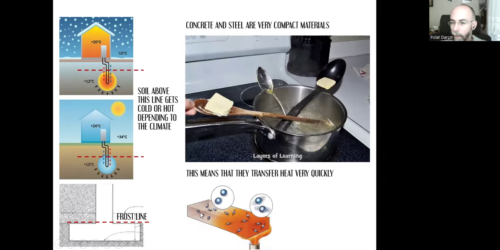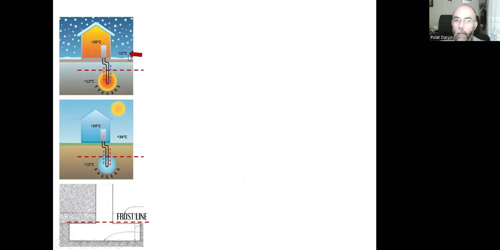The heat is transferred through molecules. The more compact the molecules, the quicker the heat transfer will be. Here, if it's -10 outside and we want to keep inside this ground floor and first floor, and if you have a basement floor, that floor as well, warm, that's +20.